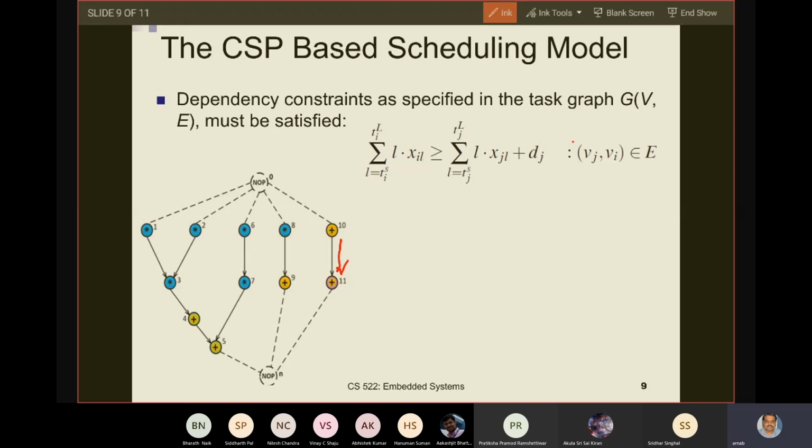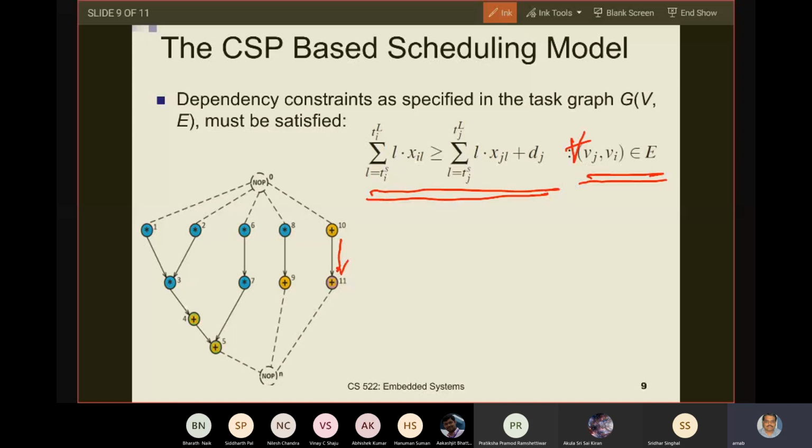If you are with me at slide number 9, you see that now I have given a for all symbol for Vj, Vi belongs to E. That means this constraint that I have underlined has to be true for all edges Vj, Vi belonging to the edge set of the graph.